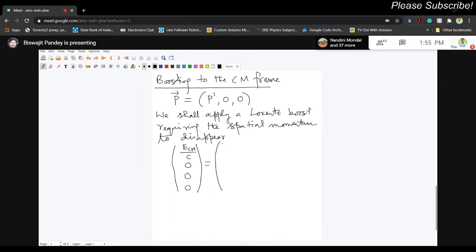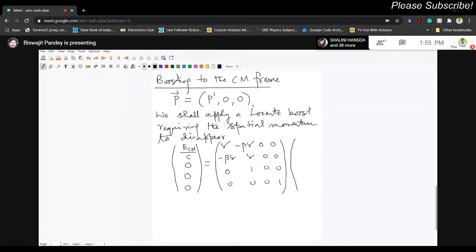So I am assuming a Lorentz boost in the x direction. Of course, it could be in any arbitrary direction, but I keep the problem simpler. Gamma, minus beta gamma; minus beta gamma, gamma. This is the Lorentz boost in the x direction, and this is your 4 momentum.